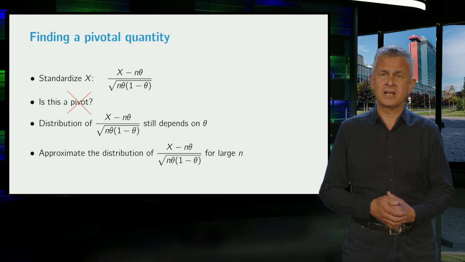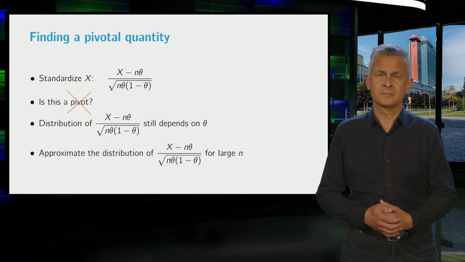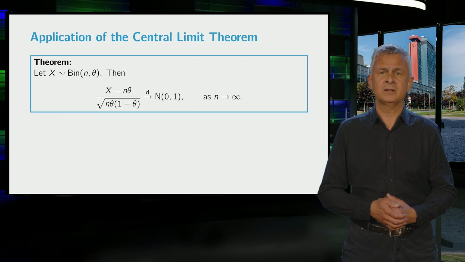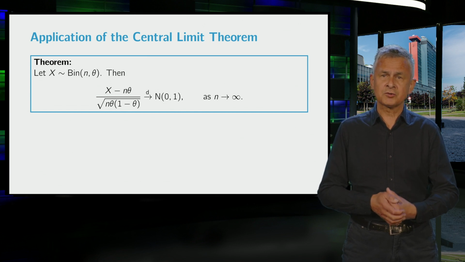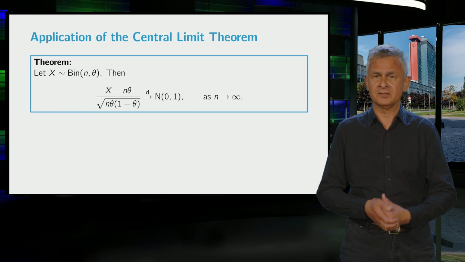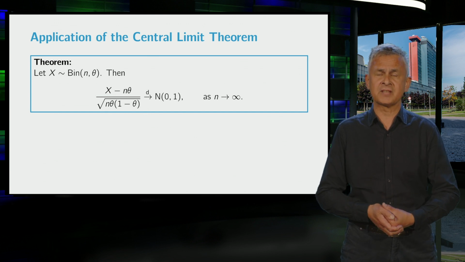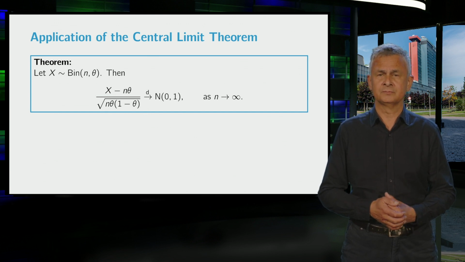However, for large n, there exists an approximation of its distribution. From probability theory, you have learned that the following application of the central limit theorem holds. Suppose x has a binomial distribution with parameters n and theta. When the parameter n tends to infinity, the distribution of the standardized x converges in distribution to a standard normal distribution.